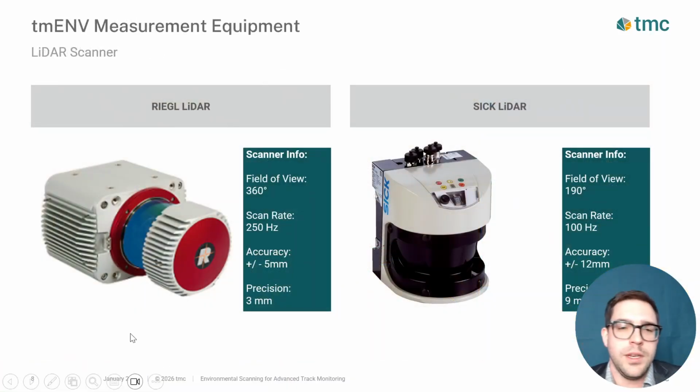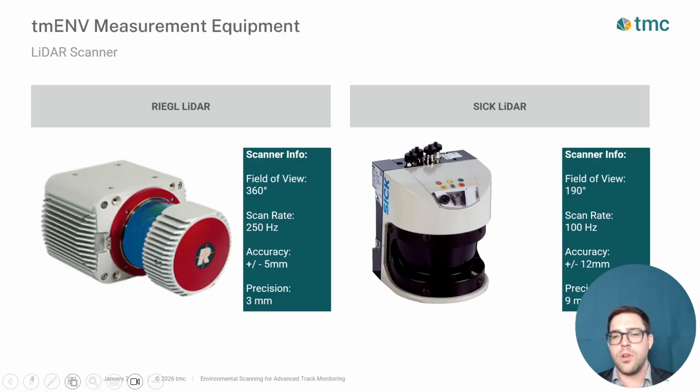What hardware do we need, or what do we use? Our lidars are high-performance lidars from Riegl, where we have a 360-degree field of view, a very high scan rate, and also very high accuracy and precision, which is needed for some of the algorithms and of course enables high measurement speeds.